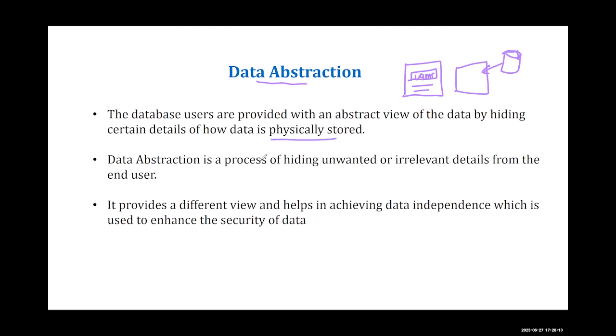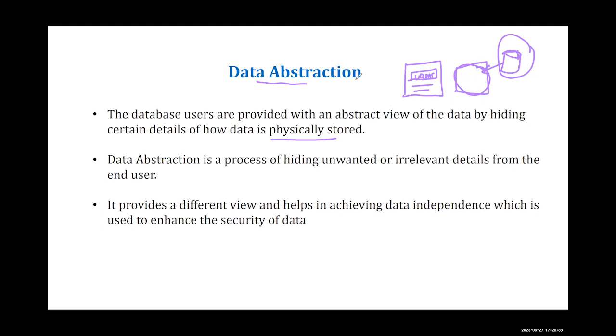So data abstraction is a process of hiding unwanted or irrelevant details from the end user. What you are bothered about is only the content. You are not interested in how they are storing the data, where they are storing the data, what structure they are using, what kind of security they are using. You're not bothered about that. You are only bothered about the contents they are providing, isn't it?